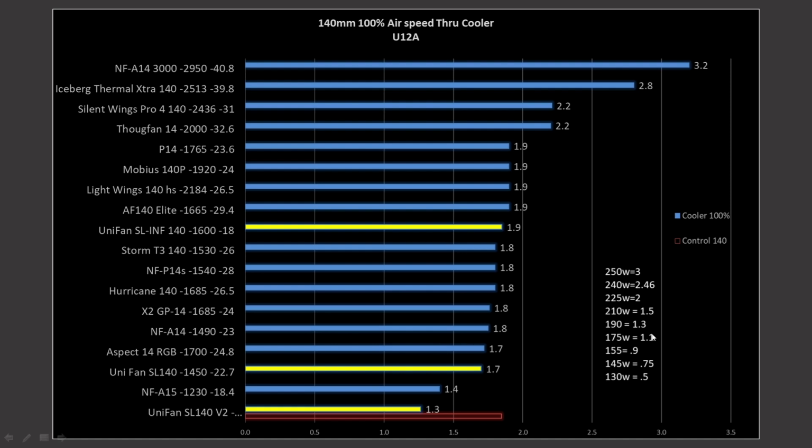But 0.8 meters per second on my particular cooler, so 0.1 meter per second, grants you probably about 10 watts of extra power draw that the CPU can take. So it may be worth it to you to have that sort of upgrade. And of course, we have the 3000 RPM fans right up at the top. And we have the noise levels listed so that you can decide what noise level is most important to you. So the Infinity 140 is actually pretty quiet considering the amount of air that it pushes.